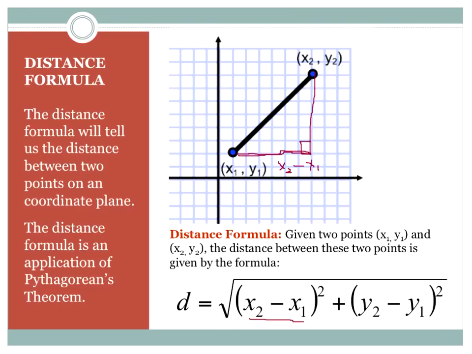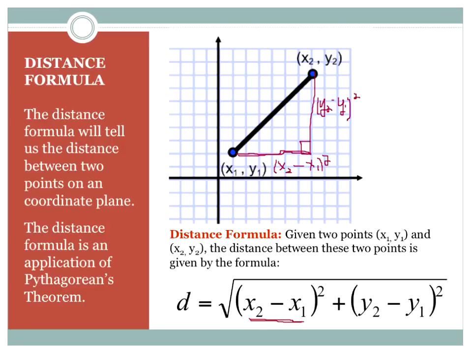And notice here I have that x2 minus x1 value being subtracted, then everything's squared, because remember, this is going to become, in essence, if you want to consider this side a squared, plus b squared. Notice this vertical distance is our y2 minus our y1, the difference between our y values. We're going to take that measurement and square it. It's like our b squared.